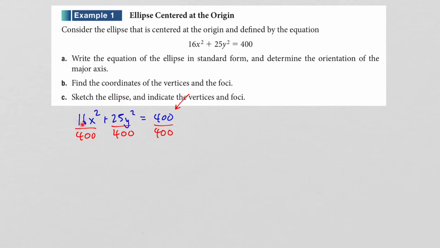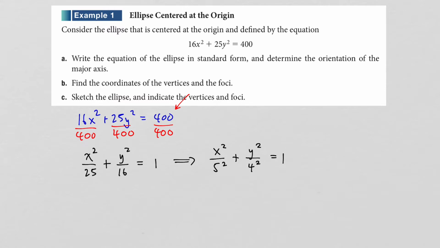Now, when you do 16 divided by 400, we know that 16 goes into 400 25 times. So this becomes x squared over 25. 25 goes into 400 16 times. And so this is y squared over 16 is equal to 1. And this can be rewritten as x squared over 5 squared plus y squared over 4 squared is equal to 1.